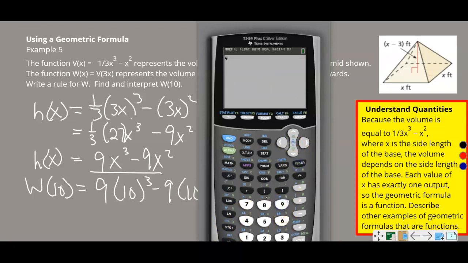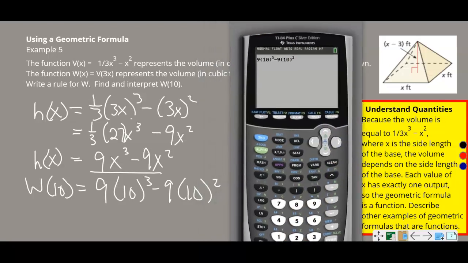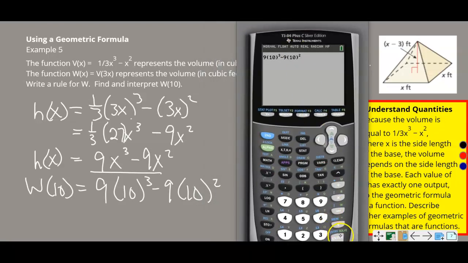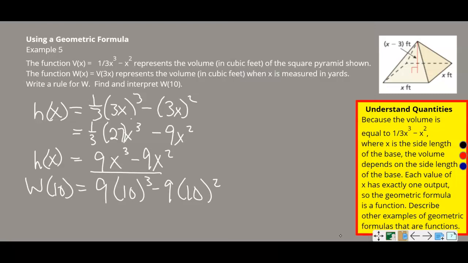We're going to type it all in at one time. So 9 times 10 cubed, minus 9 times 10 squared. And hit enter, and that gives us 8100.